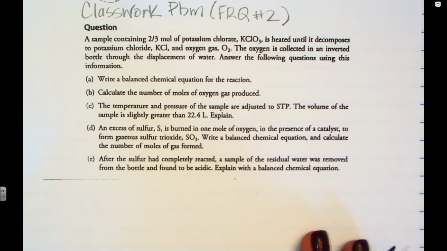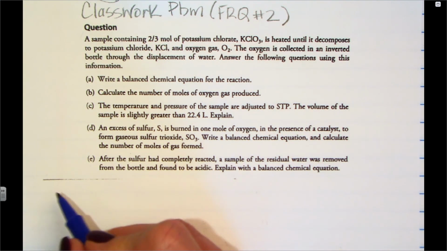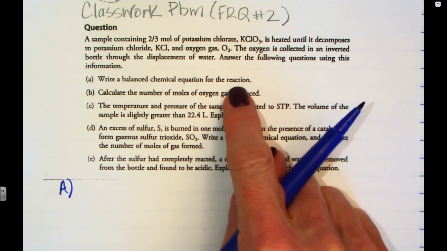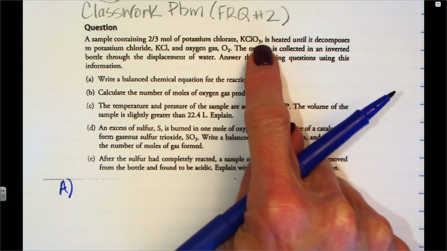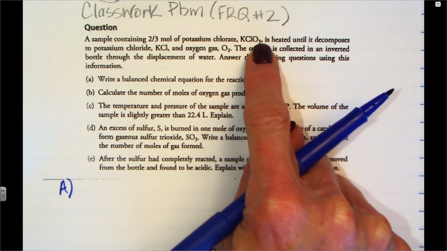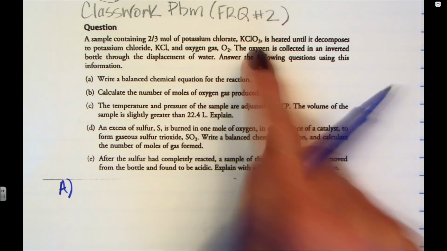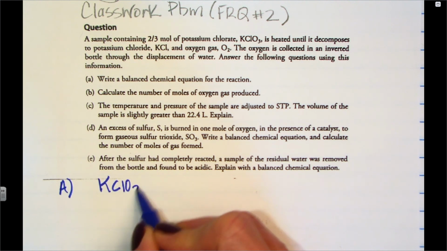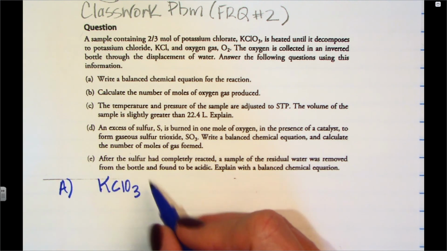So for part A, it wants us to write a balanced chemical equation for the reaction. So they gave us the formulas that we need. So it says it was decomposed, so we're going to write the KClO3. Potassium chlorate is a solid.